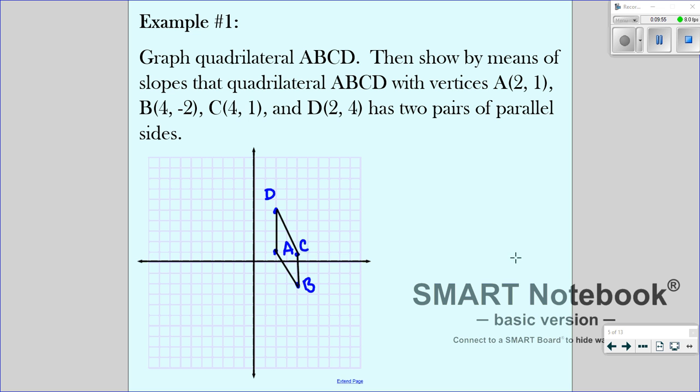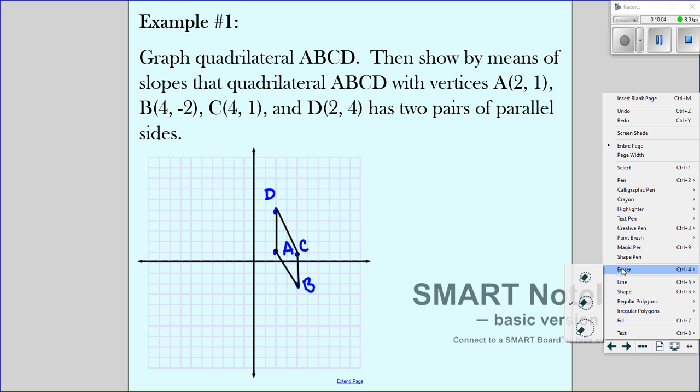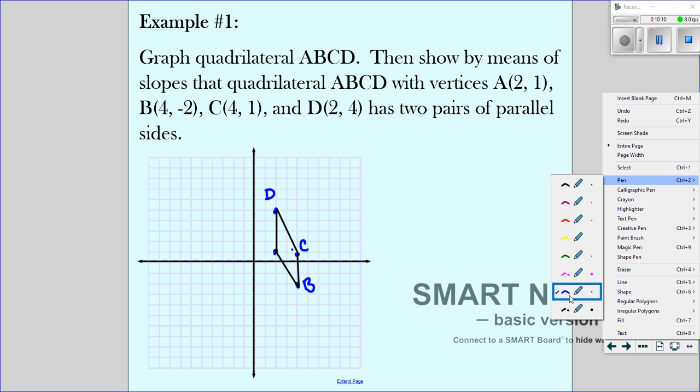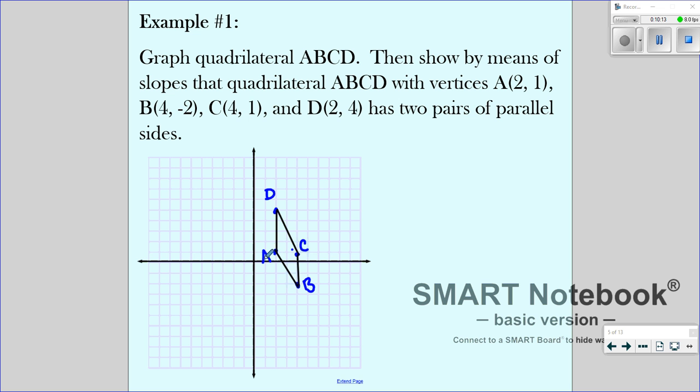Alright, so now we need to know if they have 2 pairs of parallel lines. Let me make this clear. It looks like the A is sharing the same point as C, but it's not. This is our A. All right, so I'm going to look at DA and CB.